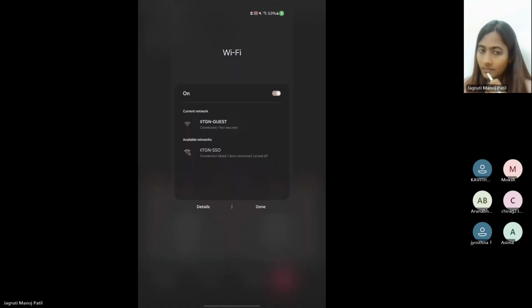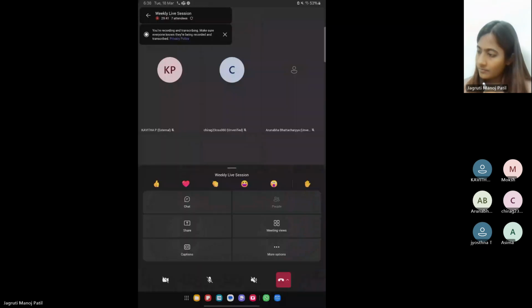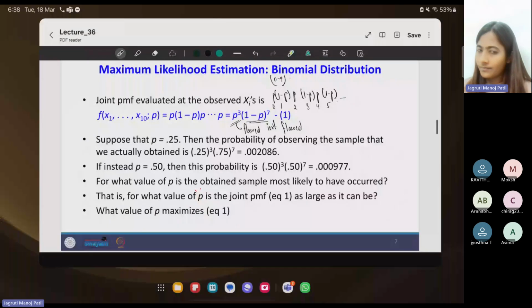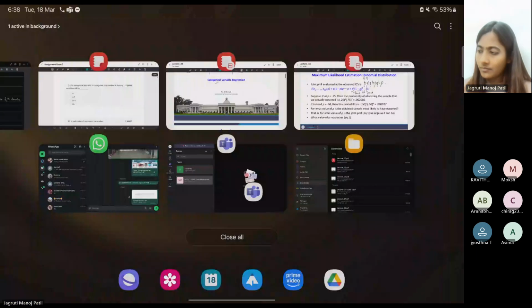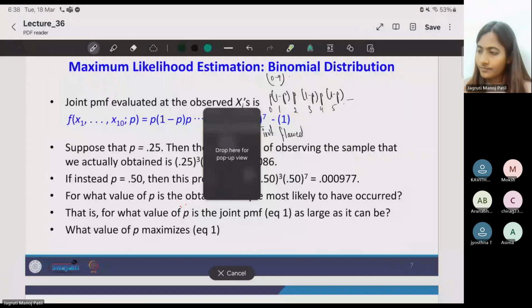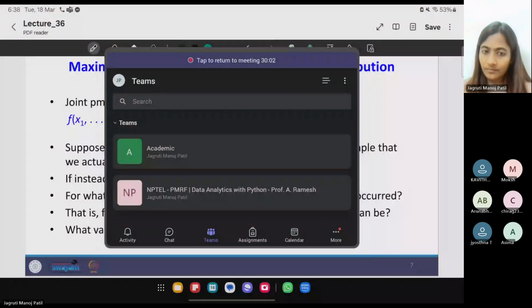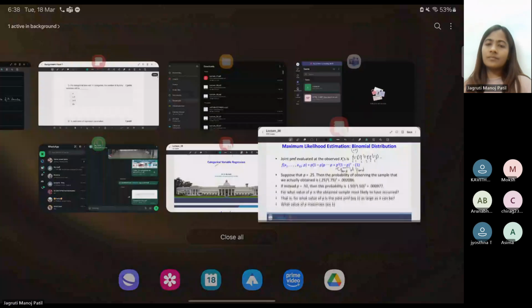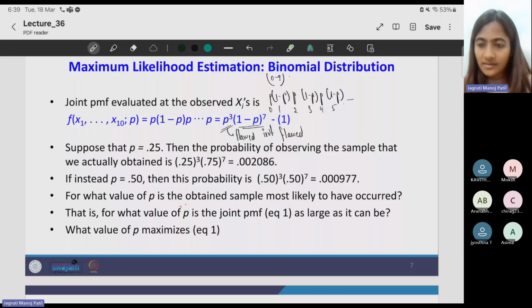Green is not yet coming. Yeah, I guess there are some network issues.